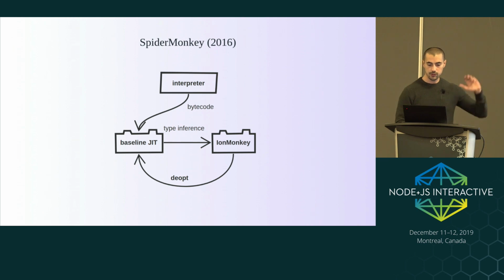They moved from one compiler to 2 compilers, and then later on they changed the optimizing one, in this case IonMonkey, which is the layout they are using today. And the interesting thing about SpiderMonkey is that bailouts from the optimizations would go up to the baseline just-in-time compiler instead of going all the way back to the interpreter.